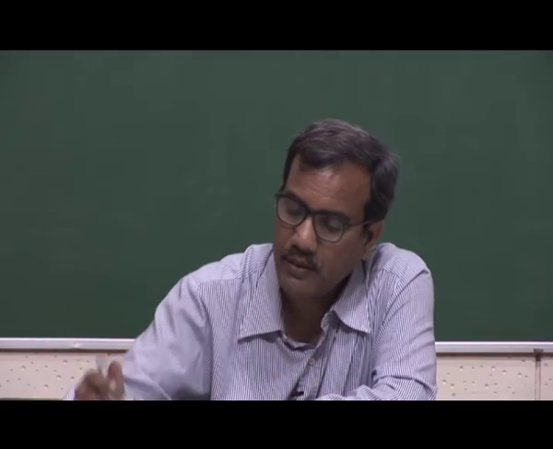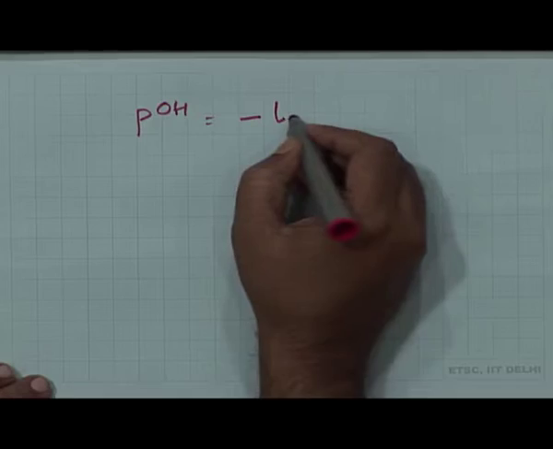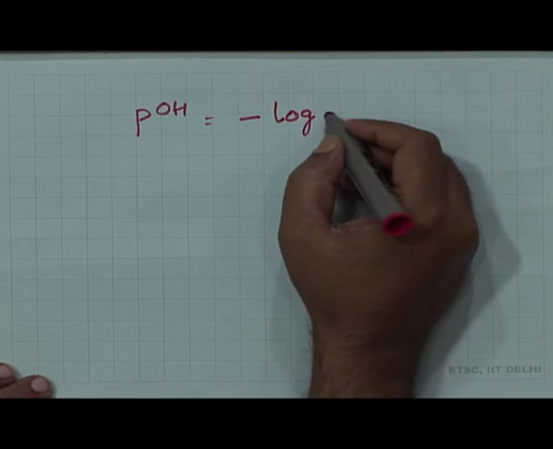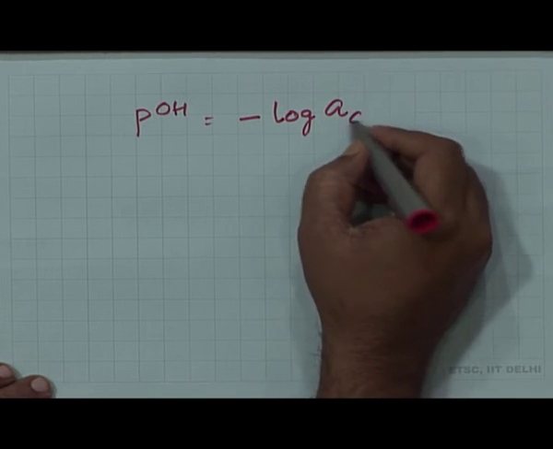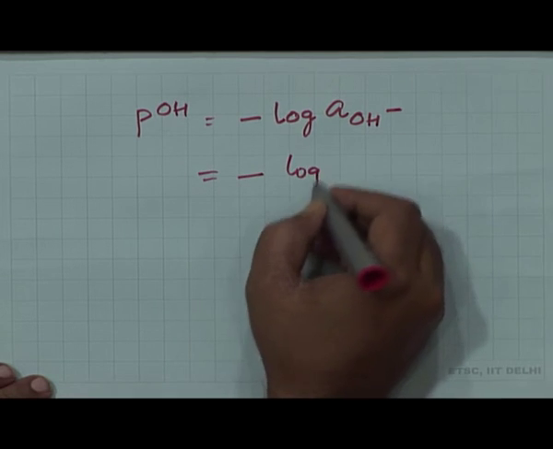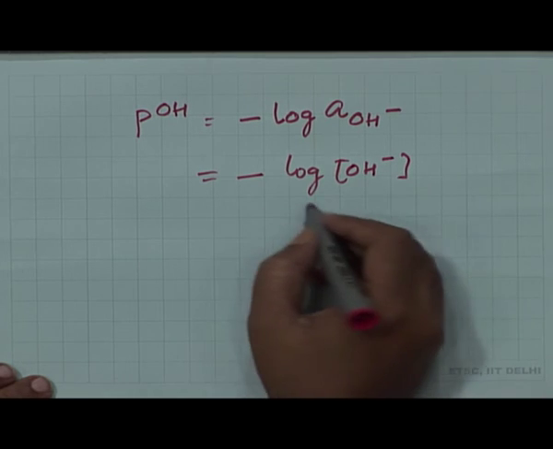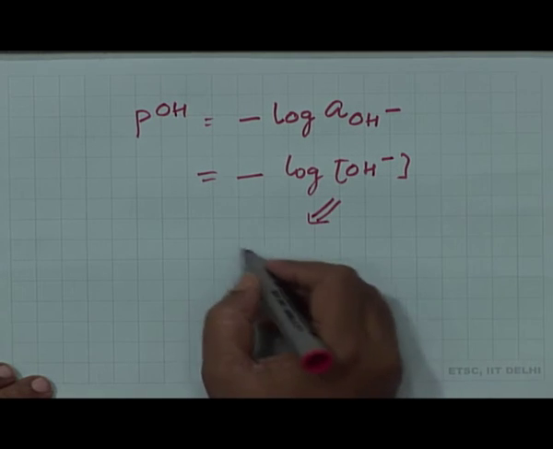And similarly, we can define pOH, which is simply minus log activity of OH- ion, and again in dilute solution this is equal to minus log [OH-].